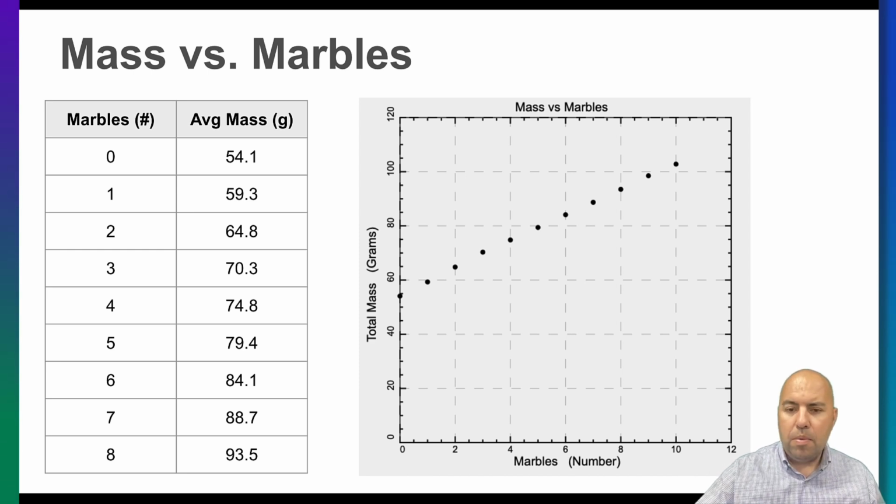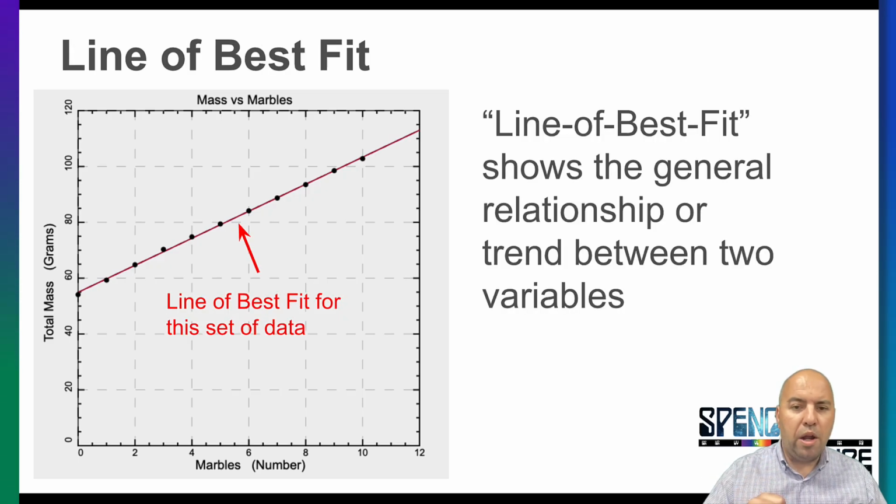All right. Now, what we want to do in terms of being able to use this information to make some sense out of it is create a line of best fit. If I squint really hard and look at those dots, it seems like it's pretty much a straight line.